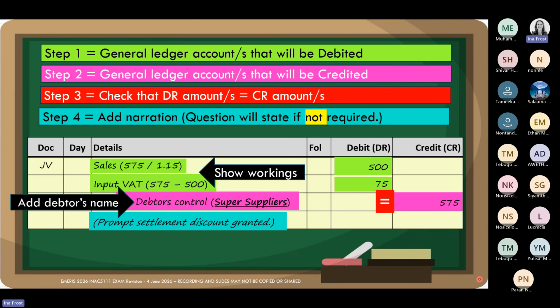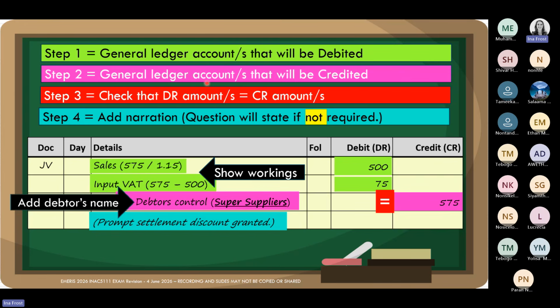Okay, were you all able to get this entry? Were you able to identify which accounts are going to be debited, which accounts are going to be credited? I hope you were all able to apply our 4 steps to your entry. Maybe let's just recap then. Step number 1, which general ledger account or accounts will be debited?